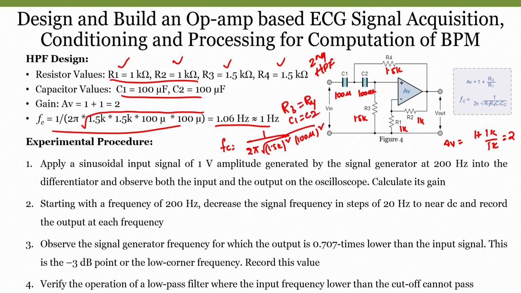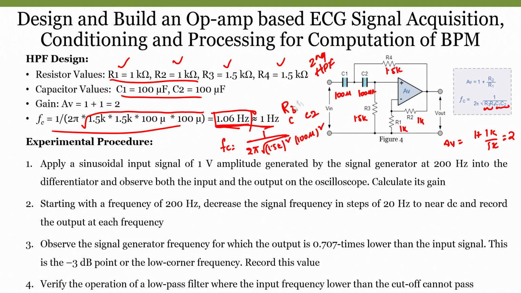So, R3 R4 I can write as R3 square and C1 C2 as C1 square. When we calculate, the value we got is 1.06 hertz, which is almost equal to 1 hertz.